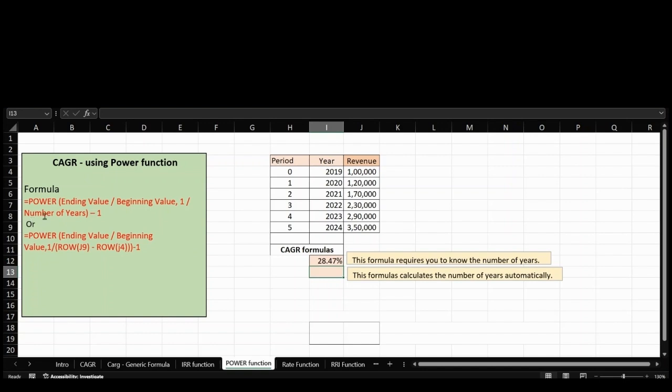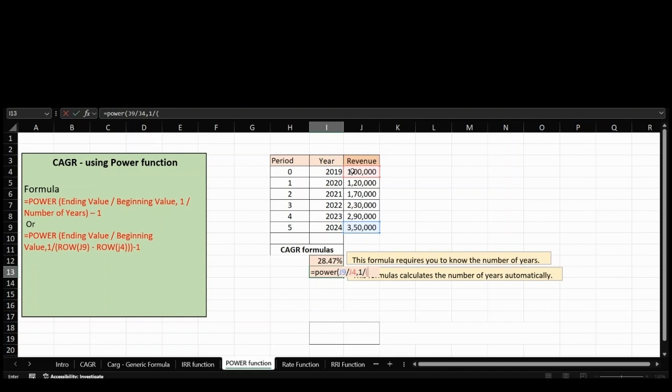Now instead of number of years we can also give cell references to get the years automatically calculated. Okay, so here is equal to, we'll write power, inside the bracket ending value divided by opening value, comma 1 divided by, now we have to write the number of years.